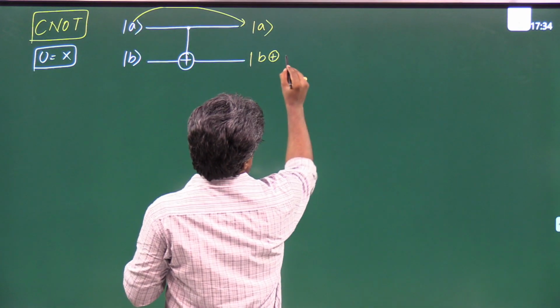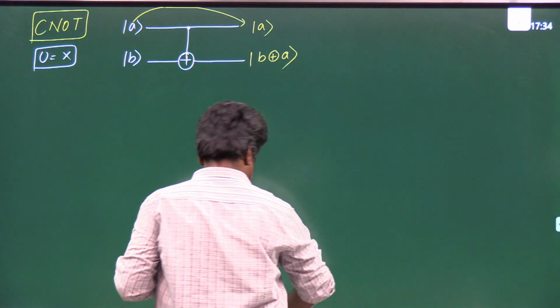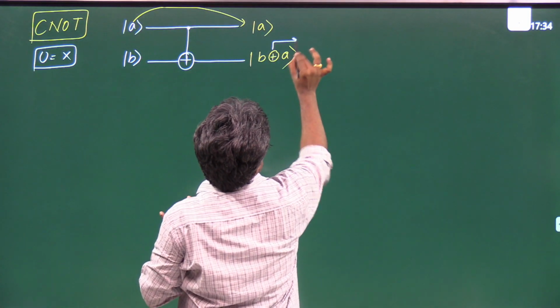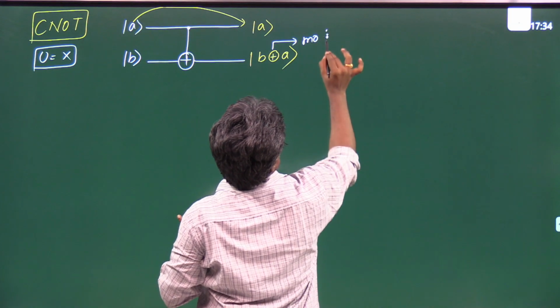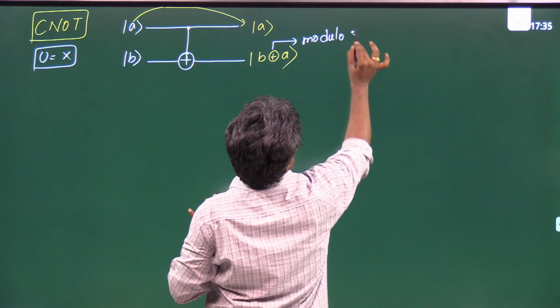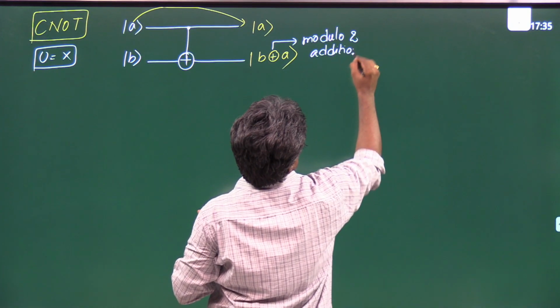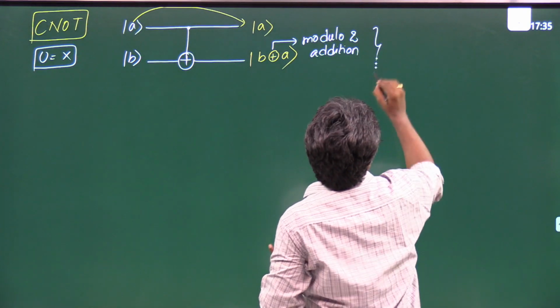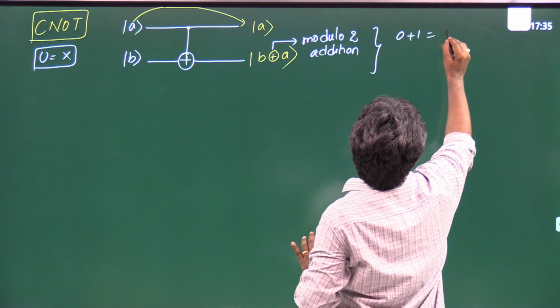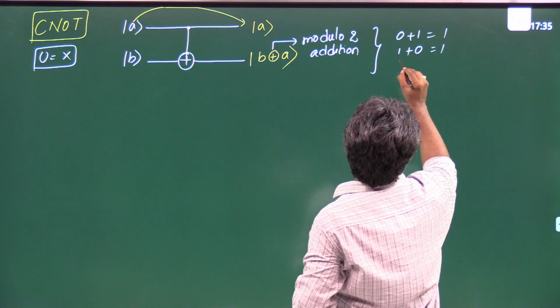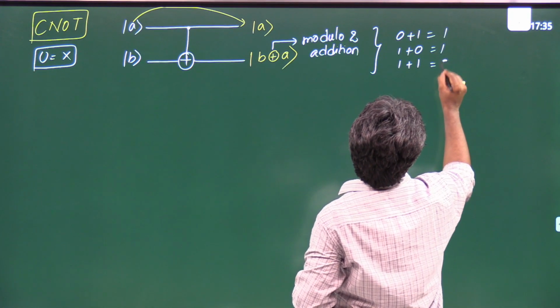Now see, this is the textbook's point of view. This is called modulo 2 addition. Sir, what is this modulo 2 addition? Wait a minute. This addition means 0 plus 1 is 1, 1 plus 0 is 1, but 1 plus 1 is 0.